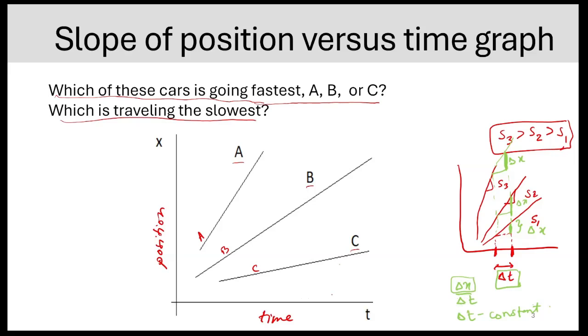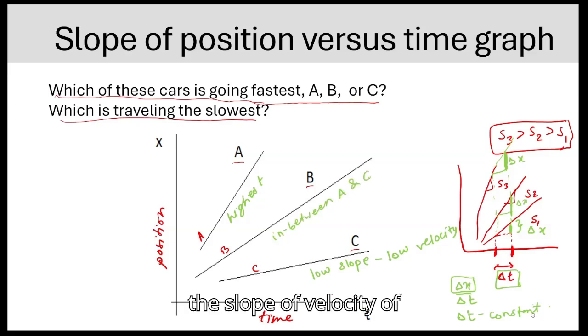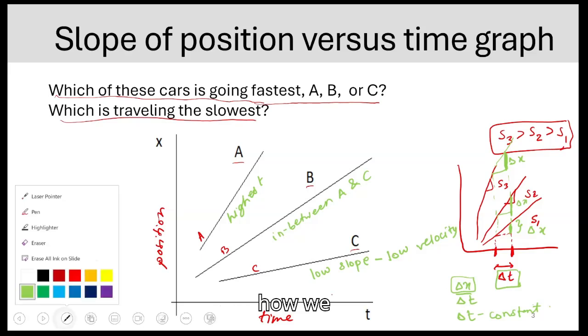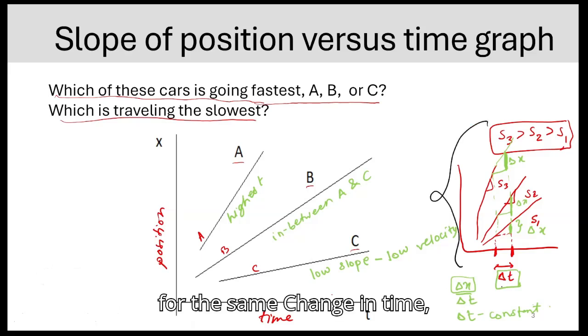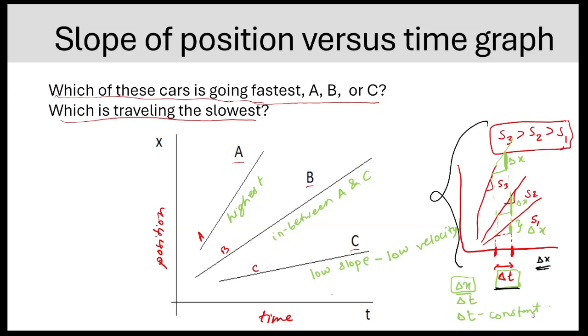That means the slope is lower here, so low velocity, and here the velocity is highest, and the slope, or velocity, of car B is in between A and C. So this is how we can see that for the same change in time, if we have a different slope of a curve, the change in position will be different, resulting in different velocity.